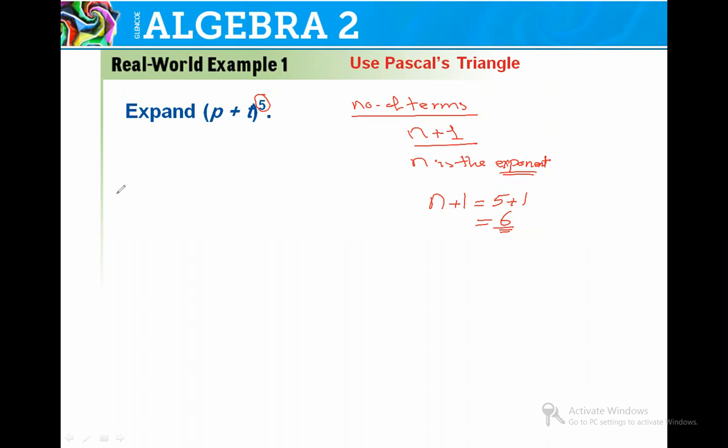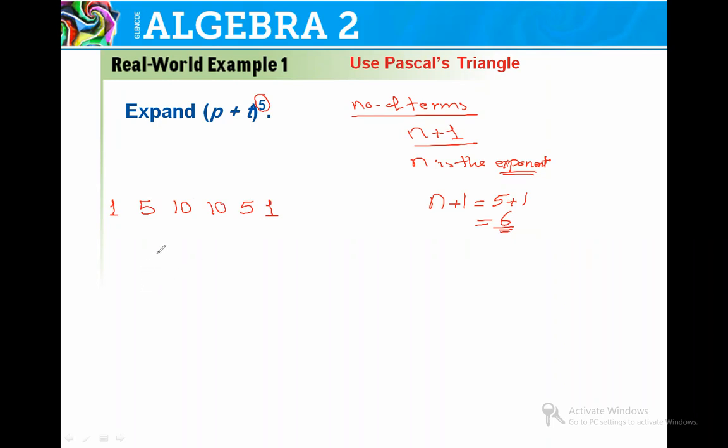The row in the Pascal triangle that contains 6 terms is the one before the last. Okay, can you state it? 1, 5, 10, 10, 5, 1. Excellent.